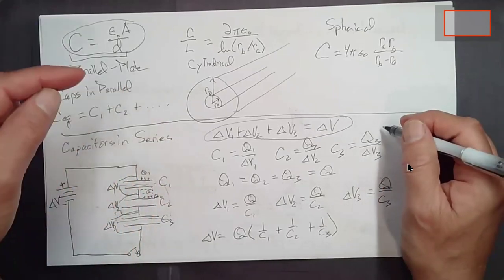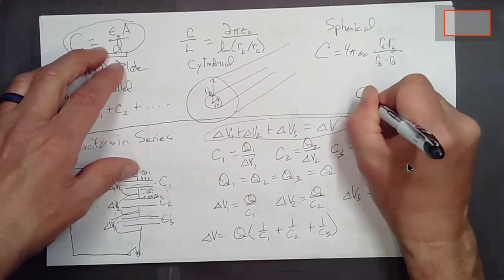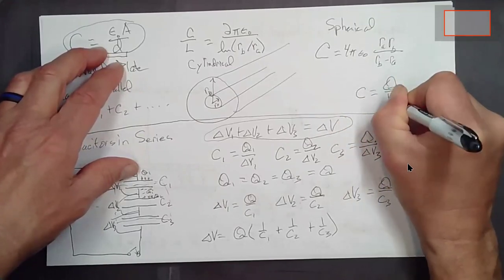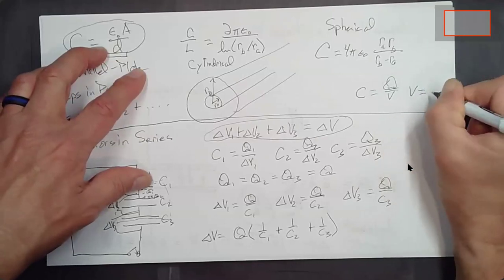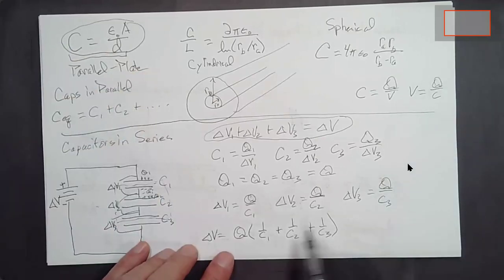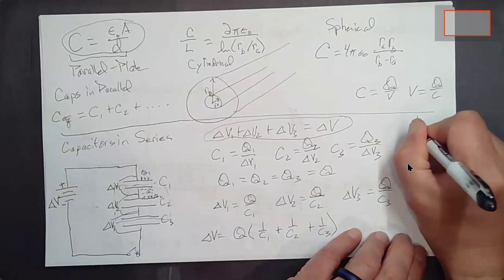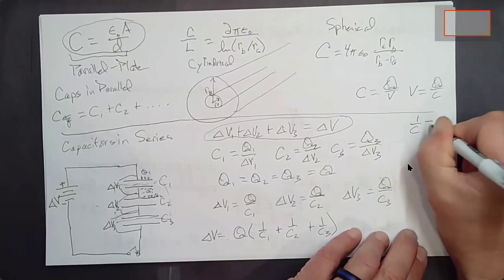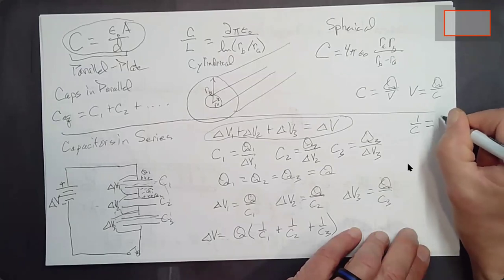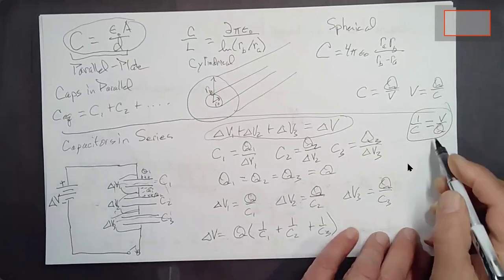But if I play around with our regular capacitance formula, where C is equal to Q over V, that means V is equal to Q over C. Or actually 1 over C will equal V over Q. That's handier right now.